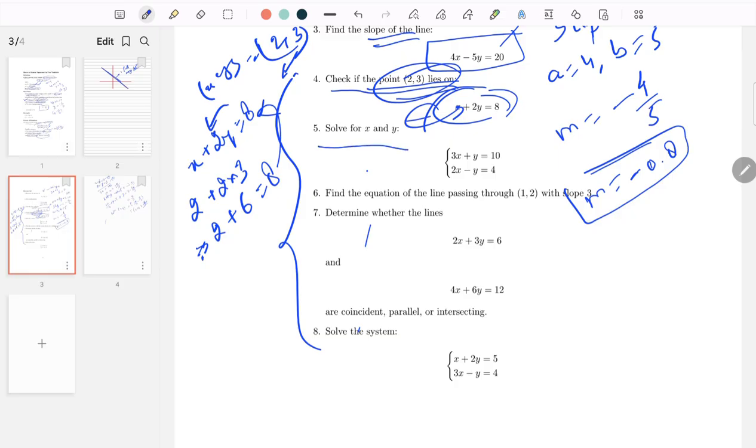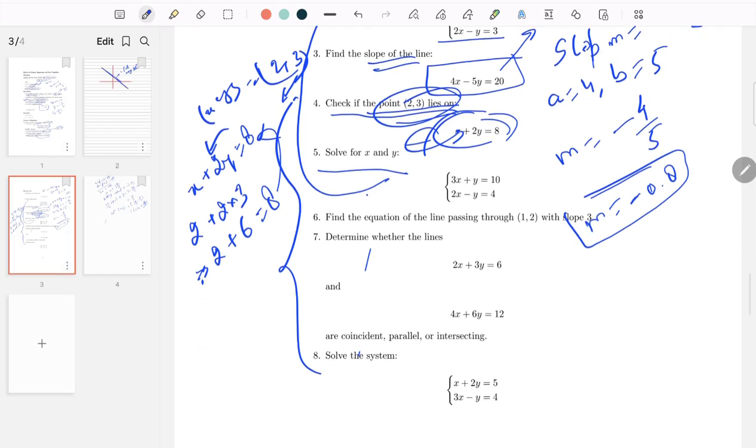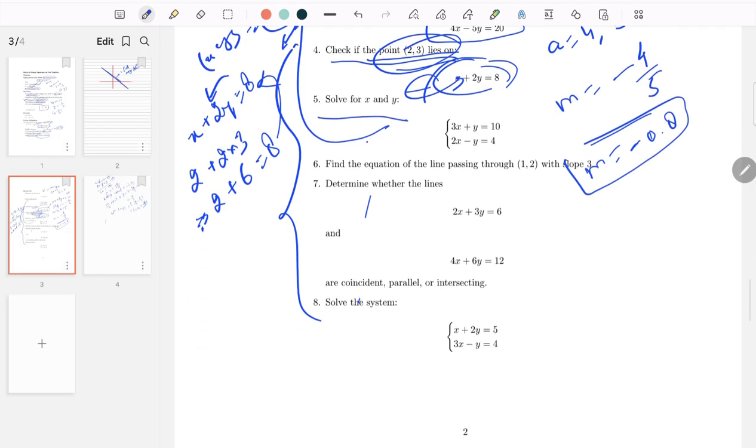We solve question number 5 as we solved question number 2. We can easily solve them. Find the equation of the line; this is different, I will solve it.